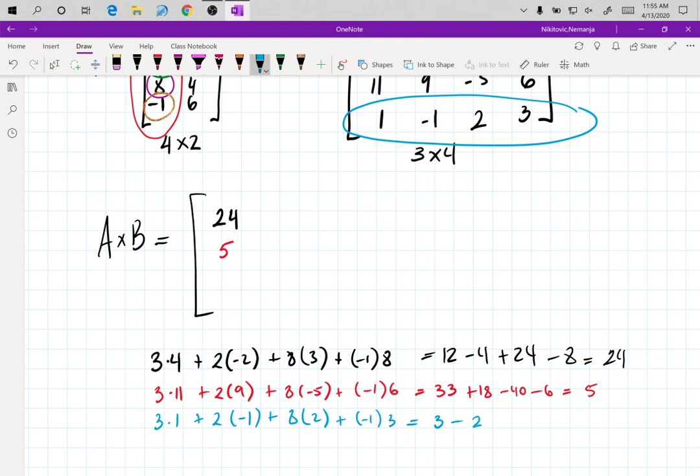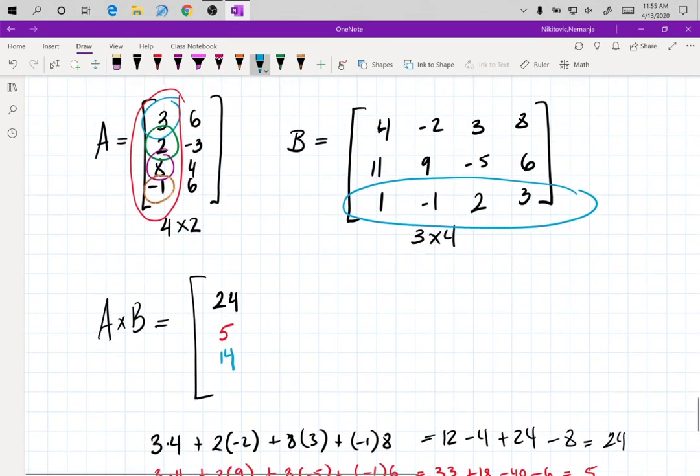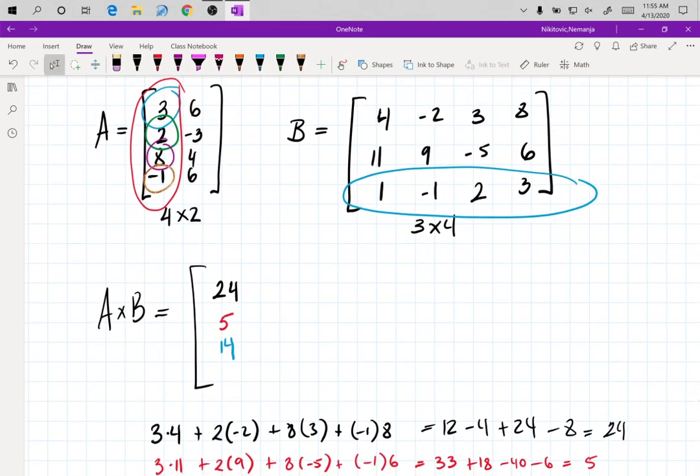Minus 2 plus 16 minus 3. 3 and 3 will cancel, so 14. I don't have any more rows in B, so I am done. That's 24, 5, 14. Well, we're not done with multiplication because now we move 1 over.